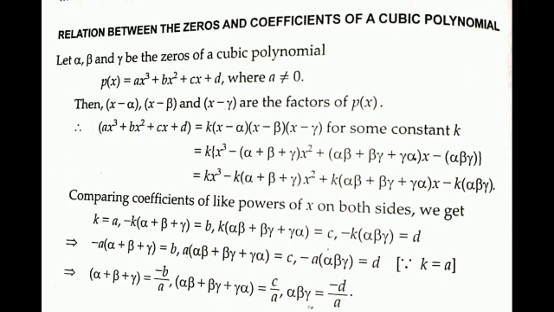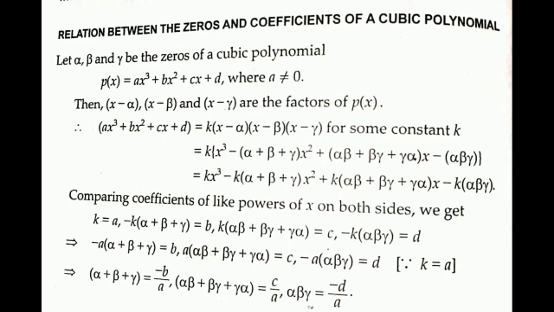So we can write the polynomial ax³ + bx² + cx + d equal to k times the product of its factors, that is k(x − alpha)(x − beta)(x − gamma).